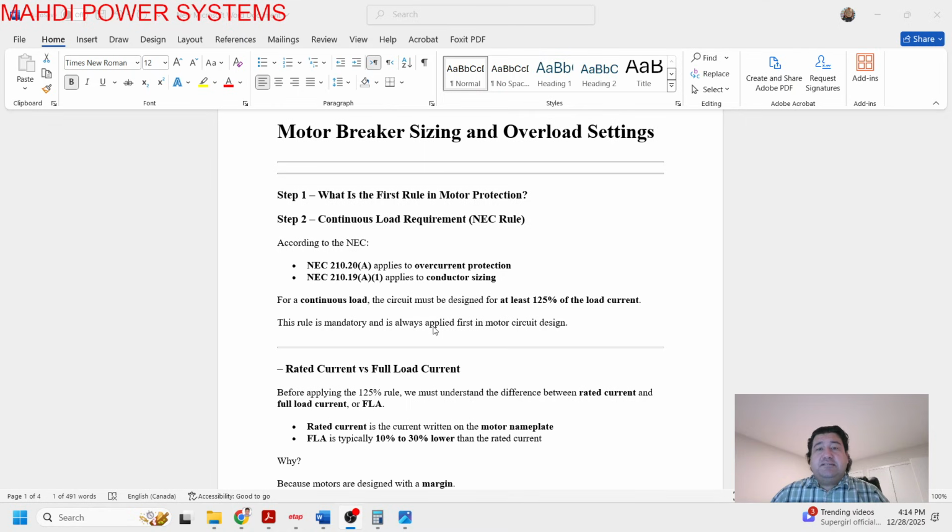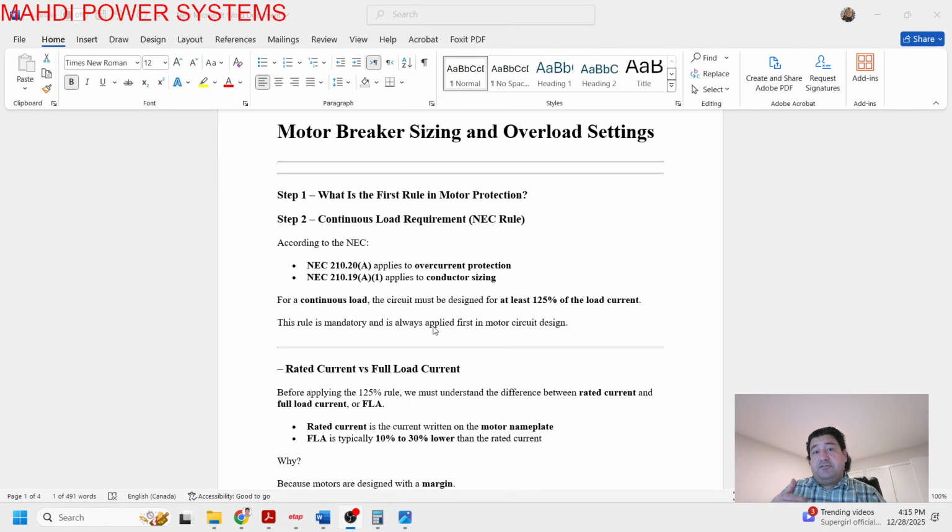Why is FLA less than the rated current of the motor? When the pump is designed, the mechanical engineer specifies a load, for example 210 kilowatt, and gives this information to the electrical engineer or electrical designer.